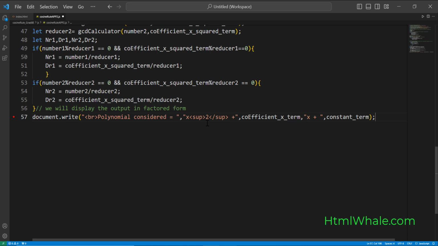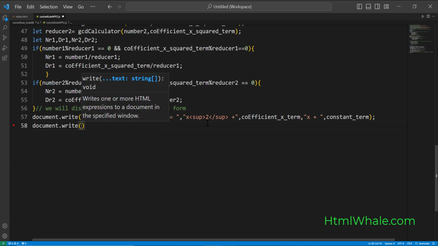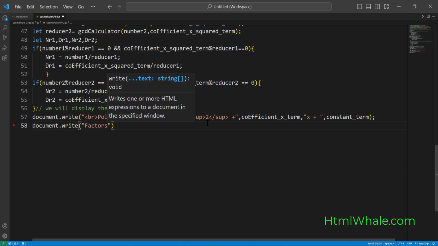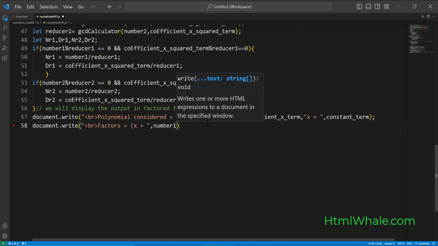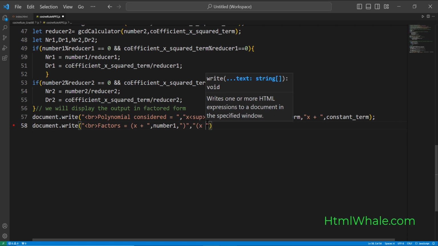Probably we can have some spacing there. So there is no issue in this case. Now we will have to get the factors for this. So I will say document.write factors are, I will just say factors equal to, so that is going to be starting with x term, x positive, the number 1 that we have extracted, and x positive number 2.